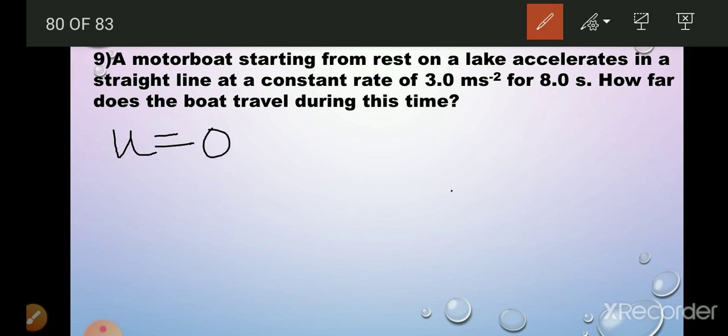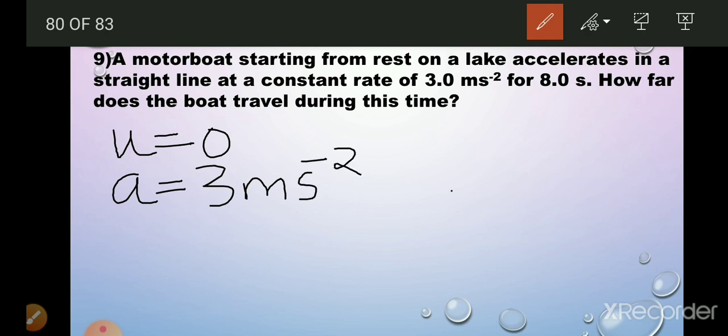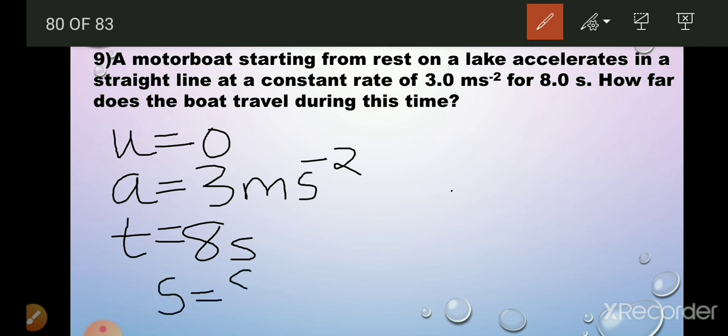Acceleration in a straight line at a constant rate is given as 3 meter per second square for 8 seconds. Time is given, 8 seconds. How far does the boat travel during this time? So you have to find s, the distance traveled.